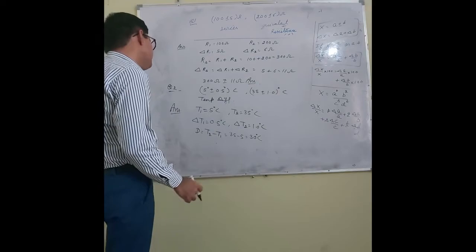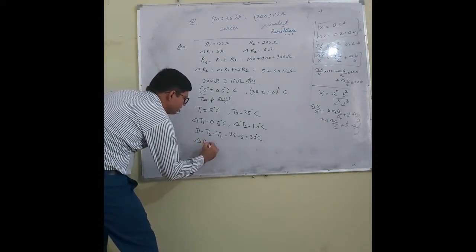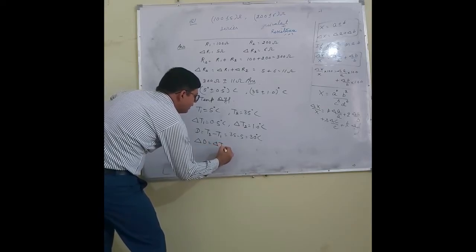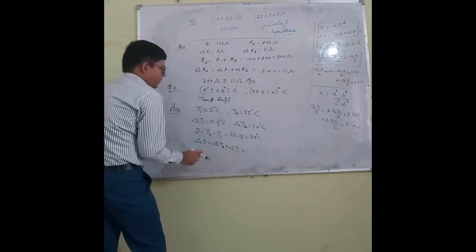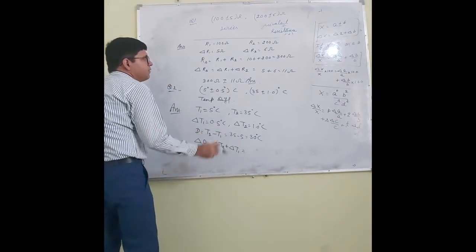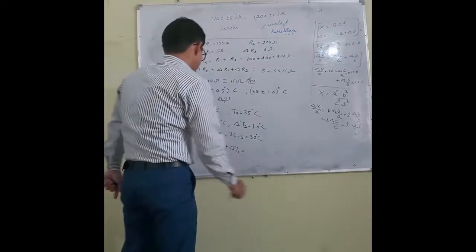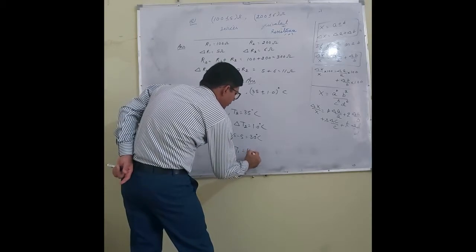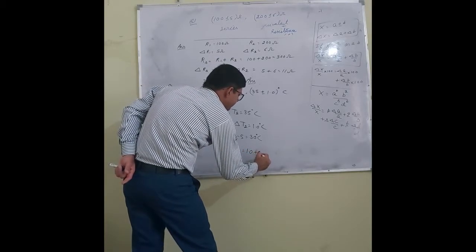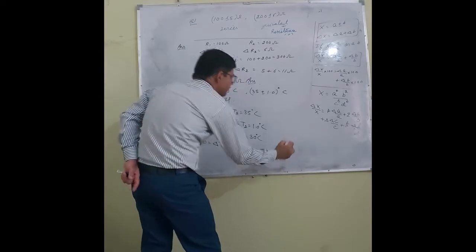What is the absolute error in the difference? The absolute error in the difference is delta T2 plus delta T1. Why? Because if physical quantities are subtracted, even then absolute errors are added. So the error in T2 is 1 degree Celsius and in T1 it is 0.5, so it is 1.5 degrees Celsius.